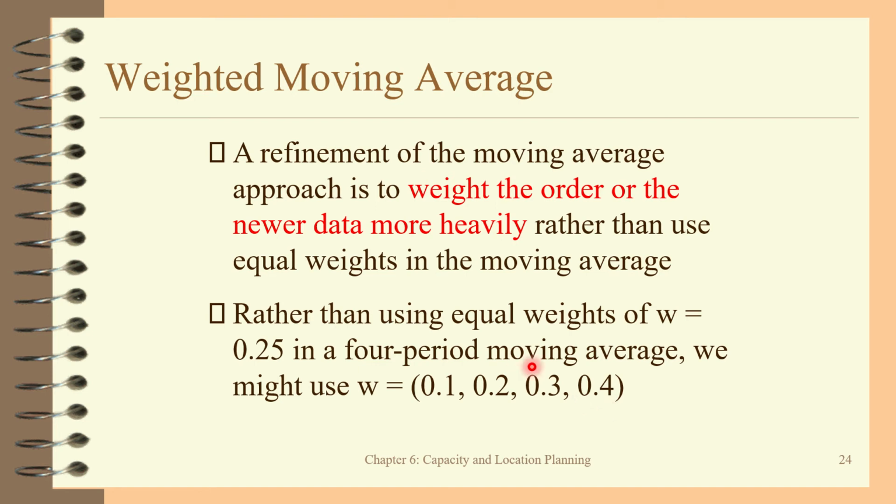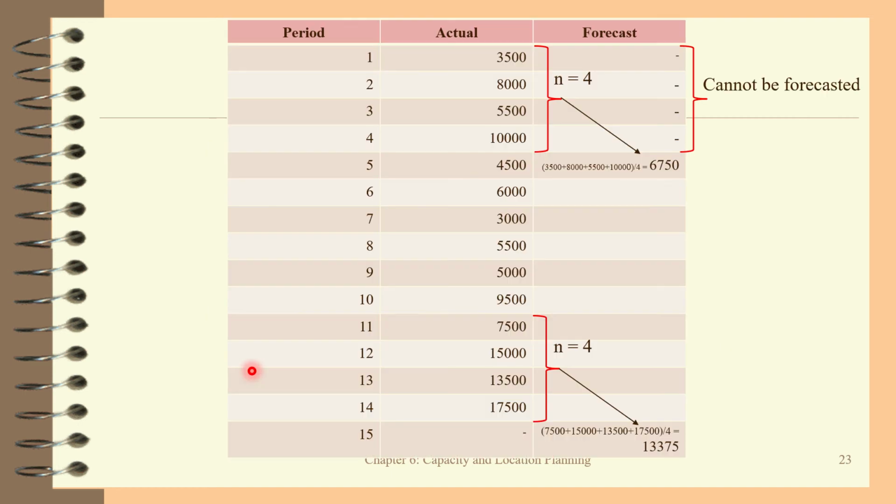For instance, the weight for the moving average with n equal to 4 is 0.25, as previously mentioned here.